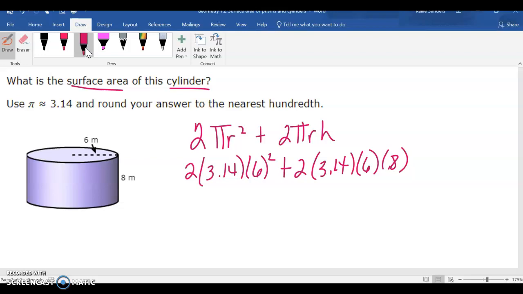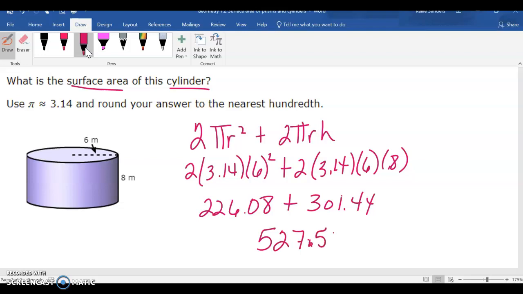Plug that in the calculator. 226.08 plus 301.44 is 527.52 meters squared, since we're finding area.